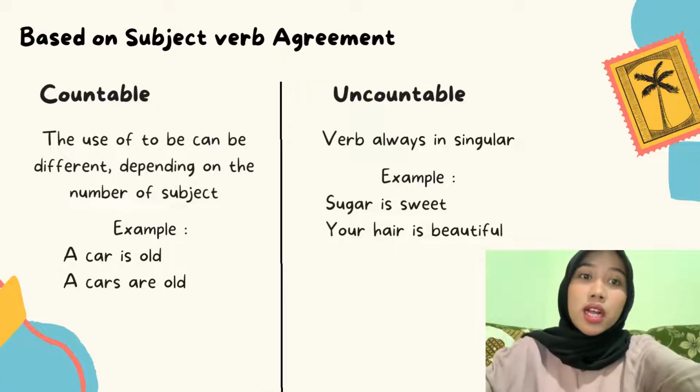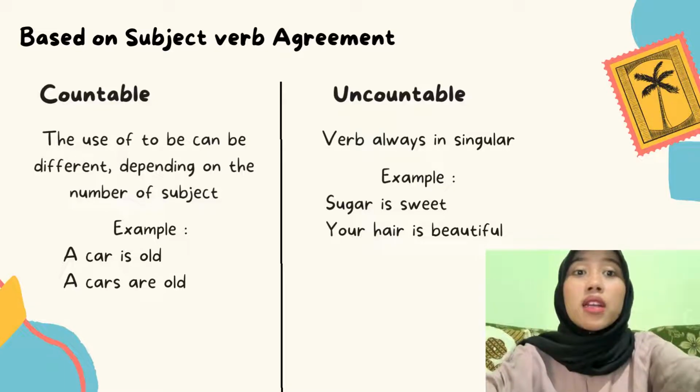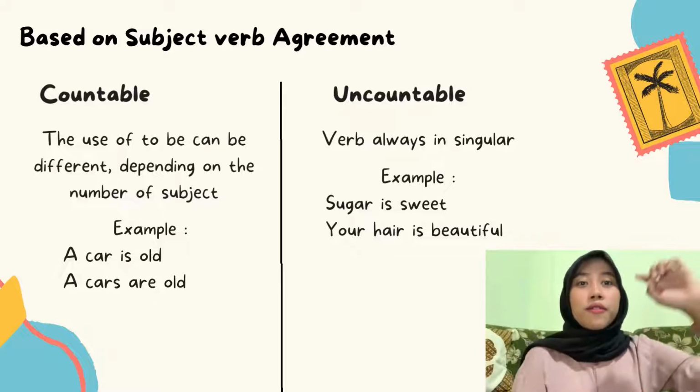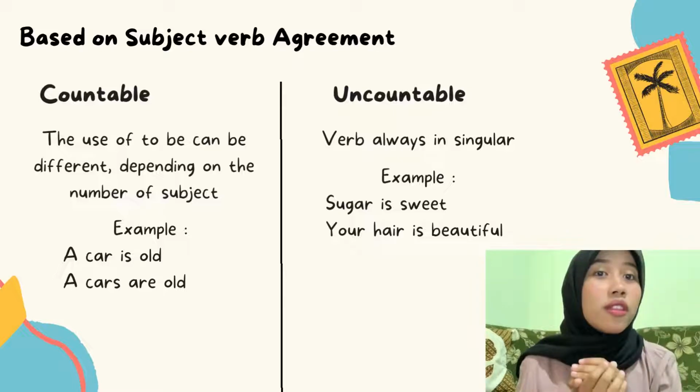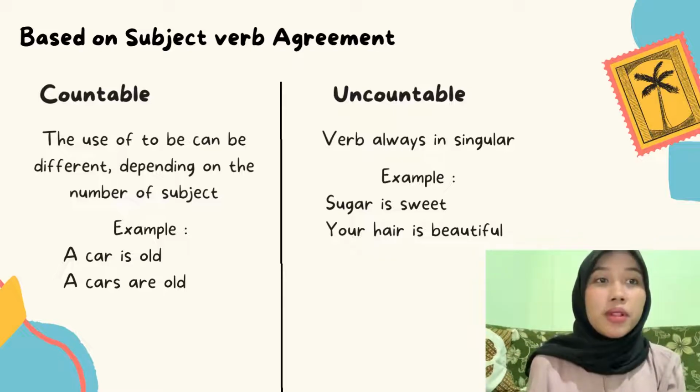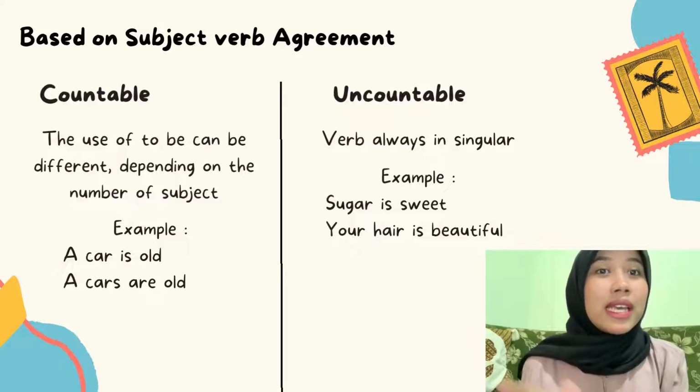Okay, next I'm gonna talk about the difference between countable and uncountable noun based on subject-verb agreement. For a countable noun, the use of to be can be different, depending on the number of the subject. The example is, a car is old. It's singular, so you use is.